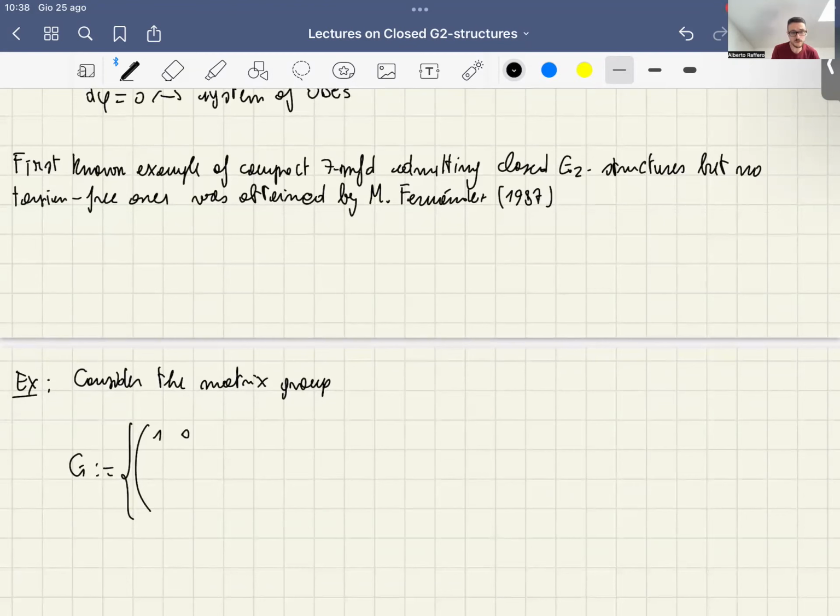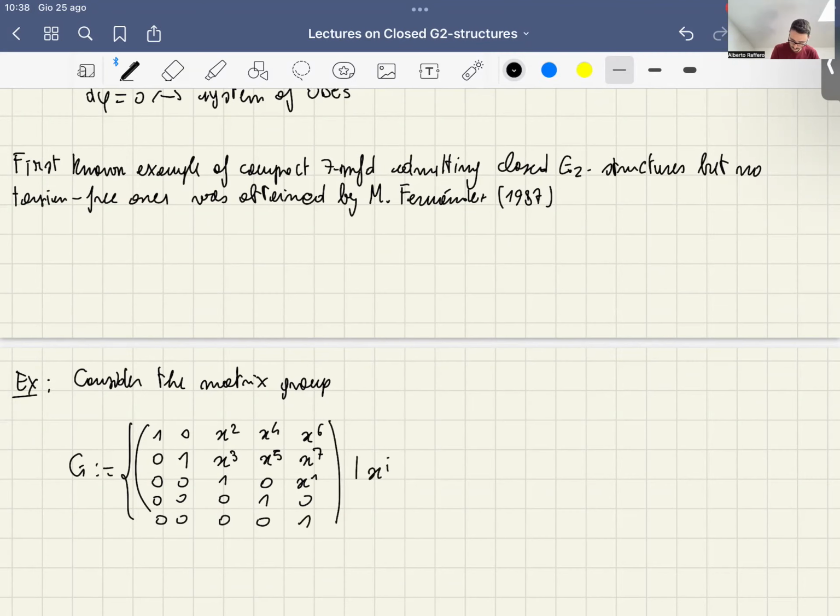You have 1, 0, x2, x4, x6, and you have 0, 1, x3, x5, x7, then you have 0, 0, 1, 0, x1, and then 0, 0, 0, 1, 0, and finally 0, 0, 0, 0, 1, such that the xi's belong to R.